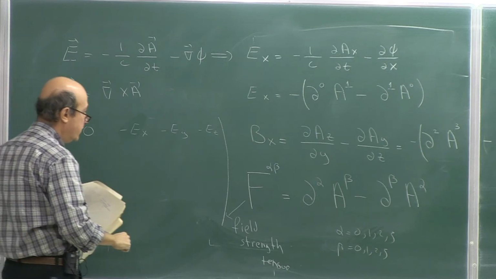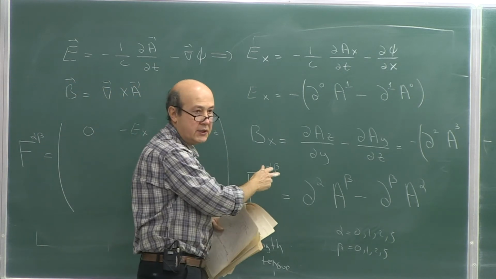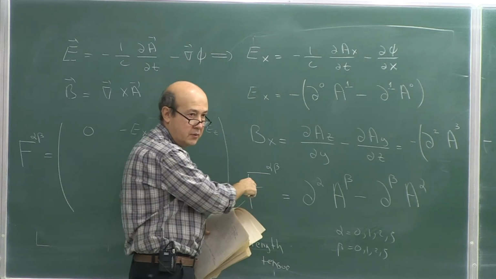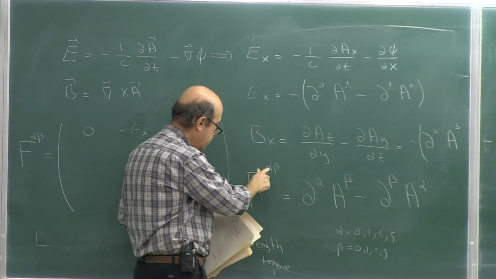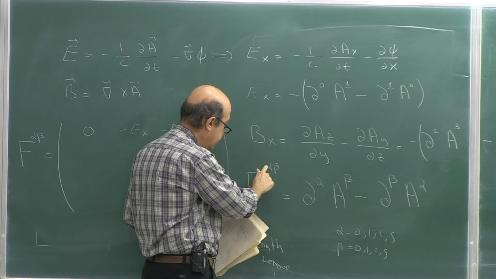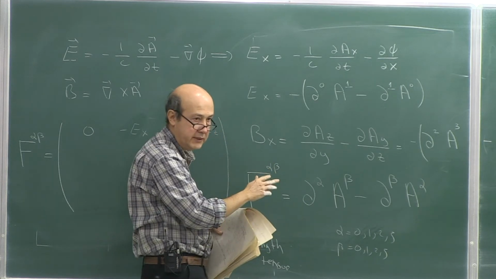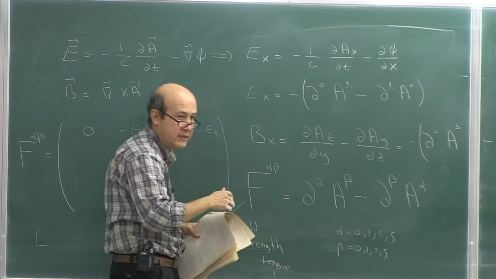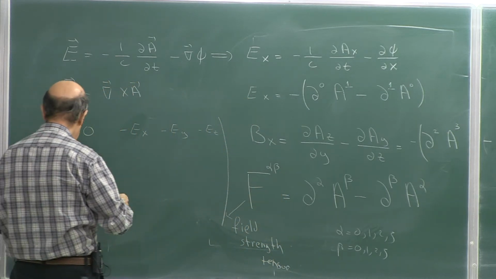And if you change the alpha and beta, what is changed? If you change it, instead of alpha, say beta, instead of beta, alpha, what will be changed? There will be a minus sign. So it's an antisymmetric tensor.